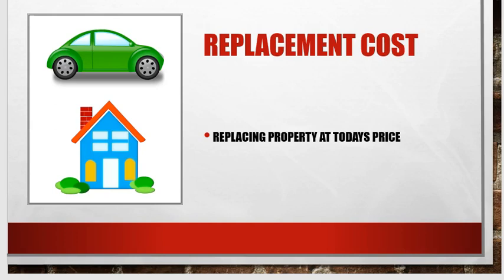Okay, now the coinsurance clause deals with partial losses. It determines how much of a claim would be paid out for a partial loss if you did not carry a sufficient amount of insurance on your asset. So let's take a house for instance. A full loss on a home is if the house were fully damaged.